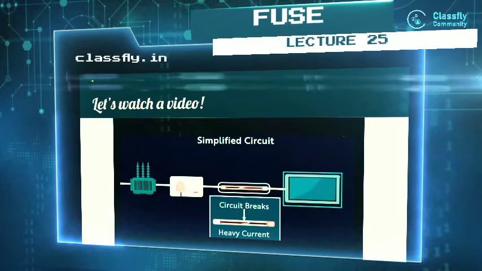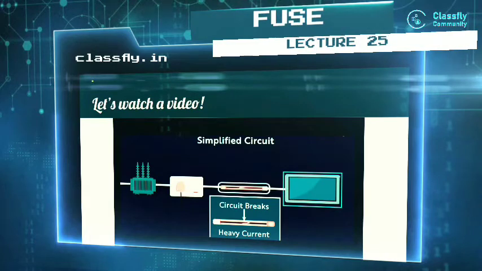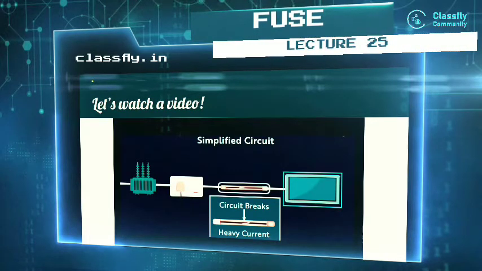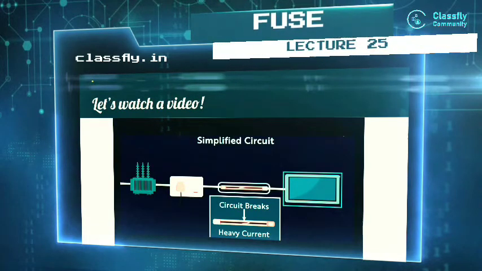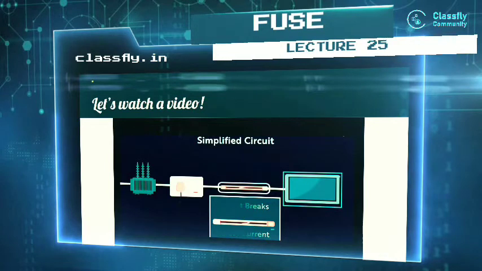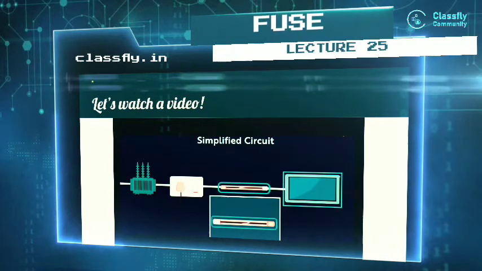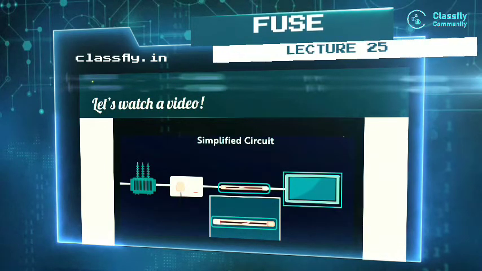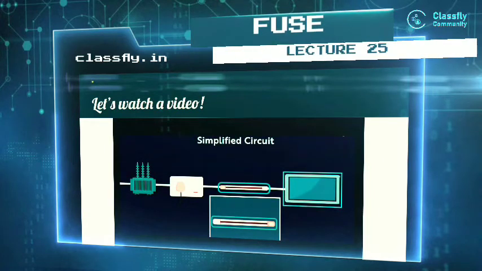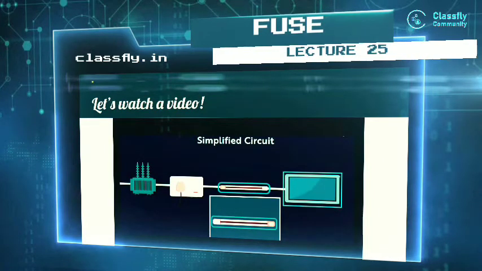As we move forward, we see that the fuse has melted and broken, so we need to replace it with a new one, which we can see in the video. And this is the end of the video.